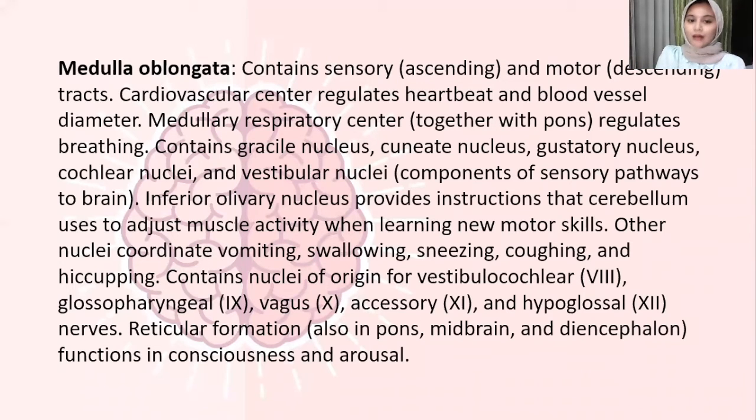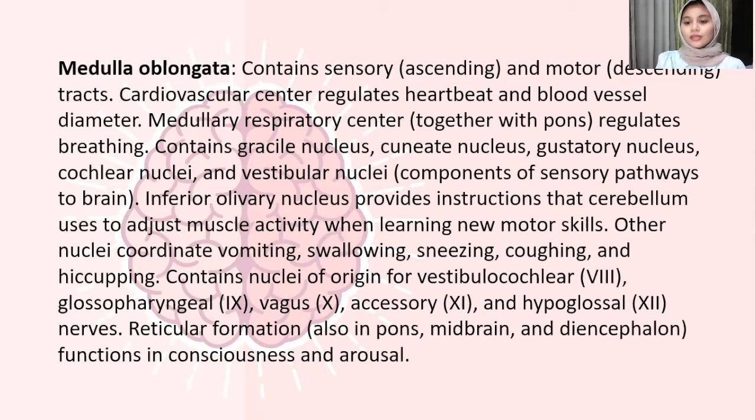The medulla oblongata contains sensory ascending and motor descending tracts. The cardiovascular center regulates heartbeat and blood vessel diameter. The medullary respiratory center, together with the pons, regulates breathing. The medulla oblongata contains the gracile nucleus, cuneate nucleus, gustatory nucleus, cochlear nuclei, and vestibular nuclei.